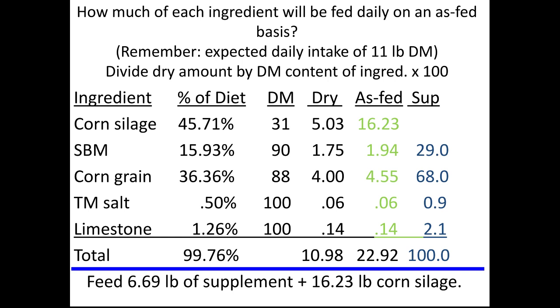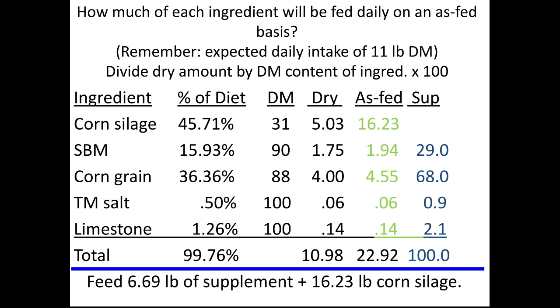So finally, how much of each ingredient will be fed daily on an as-fed basis? Remember, our expected daily intake is 11 pounds on a dry matter basis, and we want to know how much of each ingredient will be fed daily on an as-fed basis. If we look at our table, you can see on the left the list of ingredients: corn silage, soybean meal, corn grain, trace mineral salt, limestone, and their respective amounts as a total percentage of the diet.